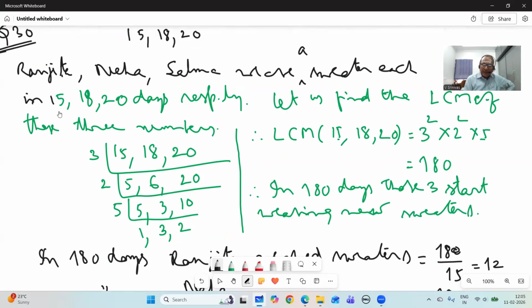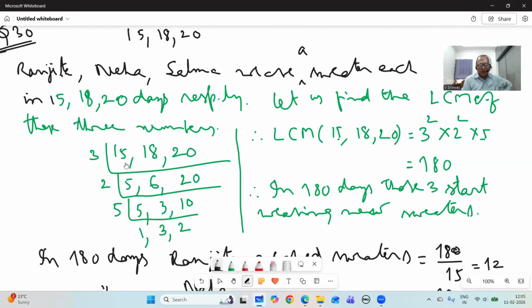Ranjita weaves in 15 days. Neha weaves in 18 days and Salma weaves in 20 days. A sweater each. Okay. And we are asked if all of them start at the same point of time, when they again start weaving a new sweater. So for that you have to go for the LCM of all this.